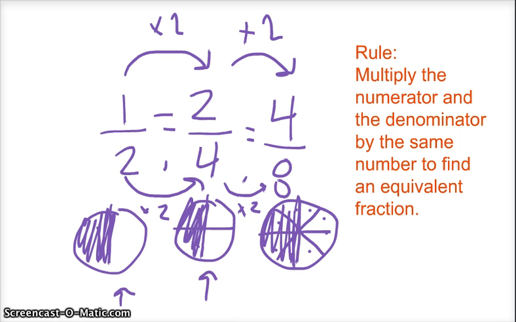And that rule is to multiply the numerator and the denominator by the same number to find an equivalent fraction. So 1/2 is equal to 2/4 because we multiplied both the numerator and the denominator by the same number. So 1/2 is equal to 2/4, which is also equal to 4/8, and so on.